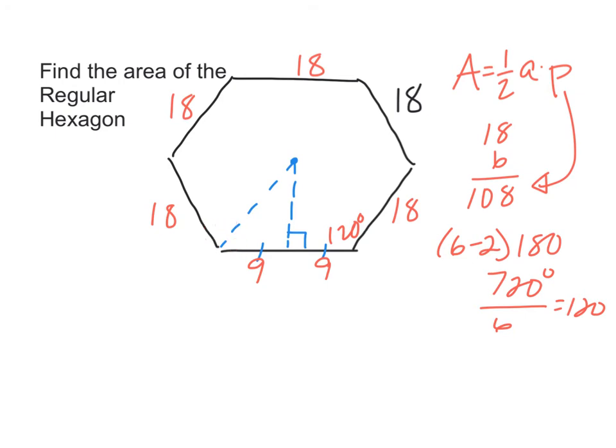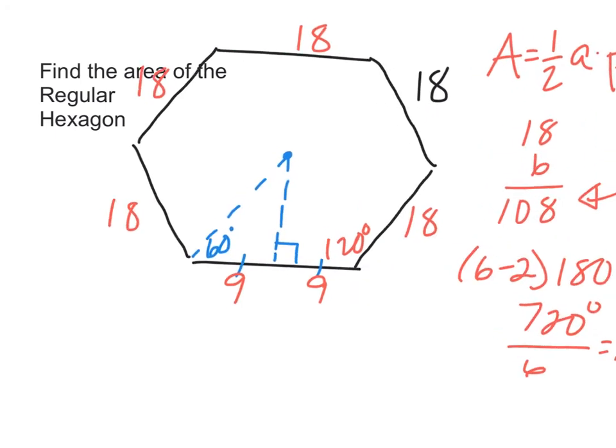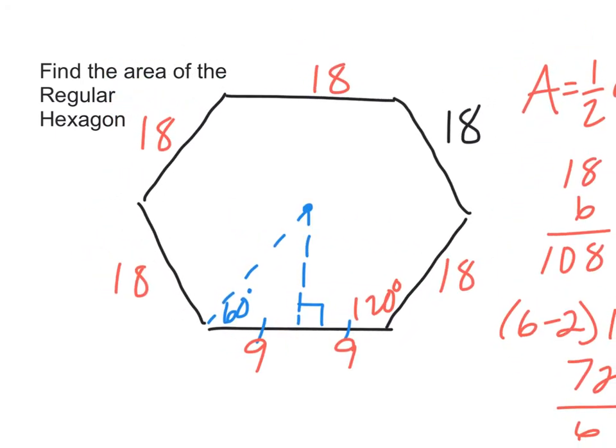So if the whole thing is 120, it bisects it to the point where this angle right here is 60. Okay, let me blow that up a little bit for you. So that angle is 60. Well, if this angle here is 90, this is 60, then what does this angle have to be? Well, hopefully you said 30 degrees.